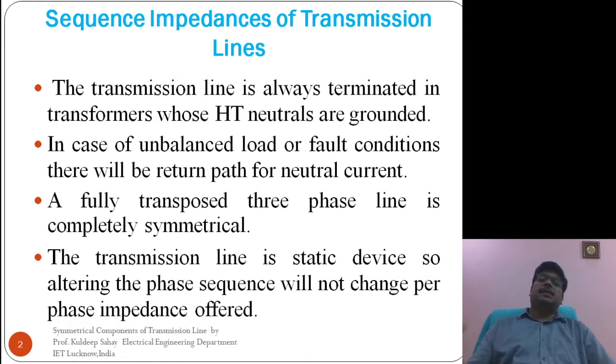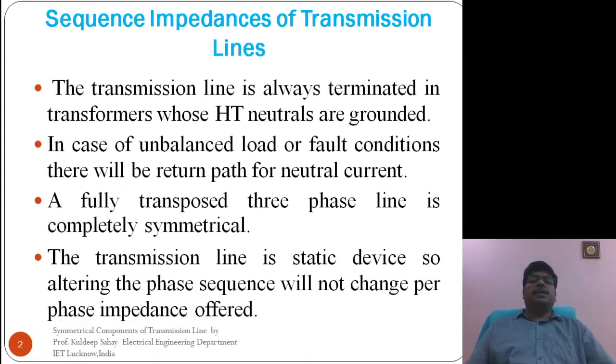These transmission lines are feeding the power to the transformer where the voltage is stepped down, and the high tension side neutrals of these transformers are grounded.